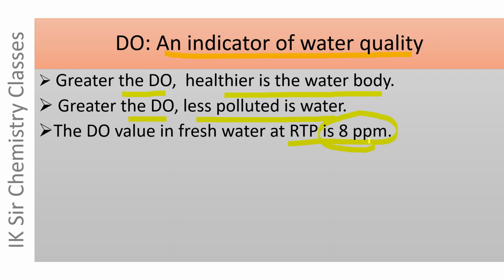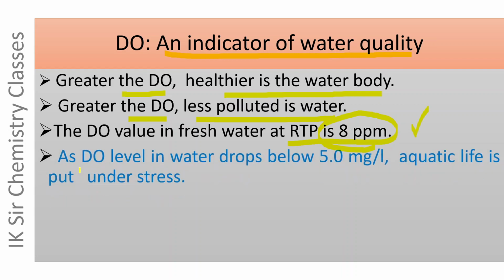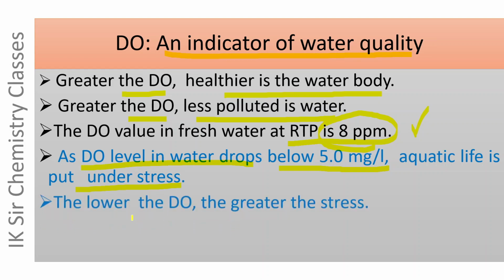Under normal conditions, the DO value in fresh water is 8 ppm, that is 8 milligram per liter of water. As DO level in water drops below 5 milligram per liter, aquatic life is put under a stress, and the lower the DO, greater the stress.